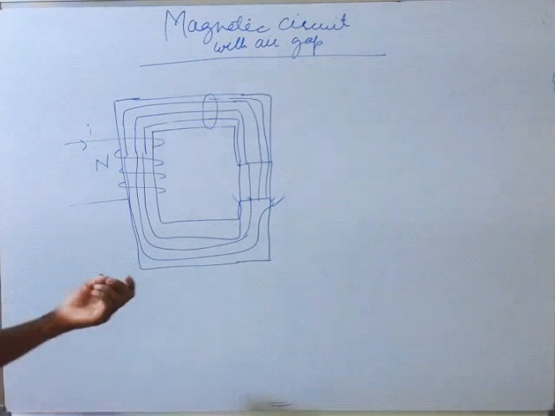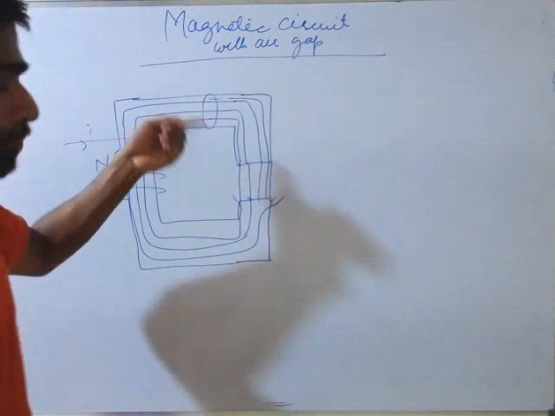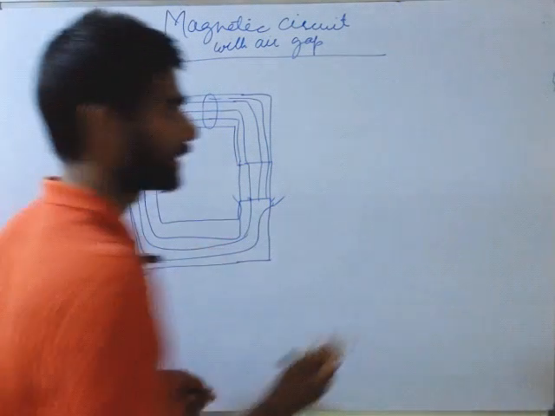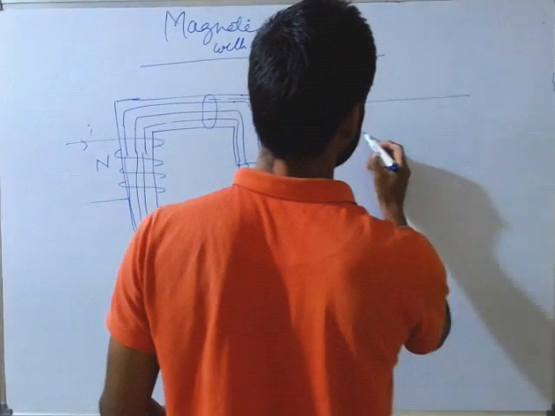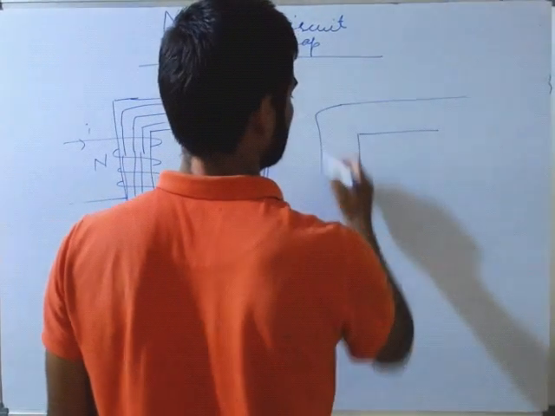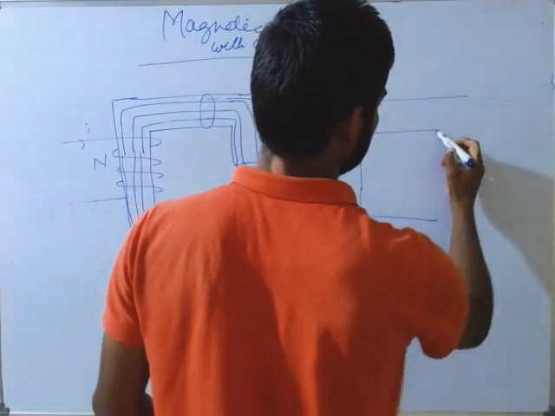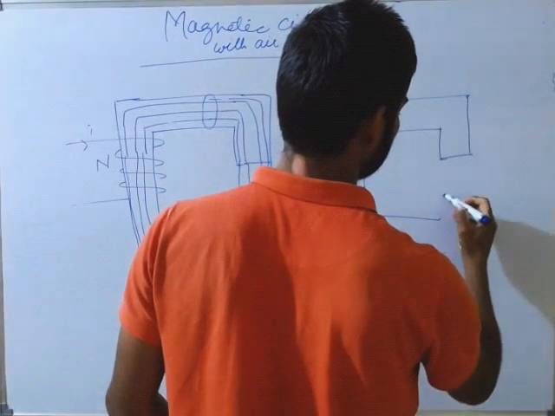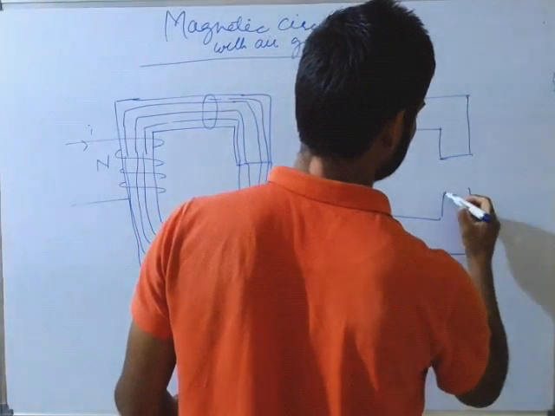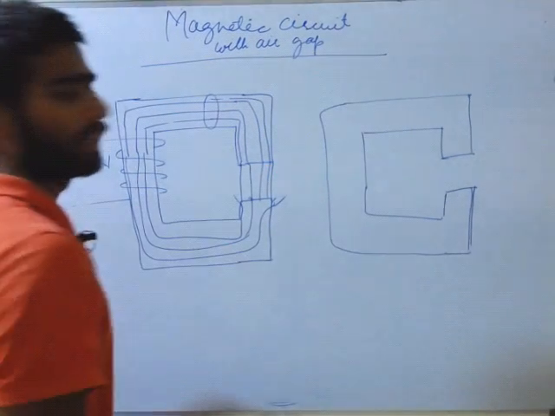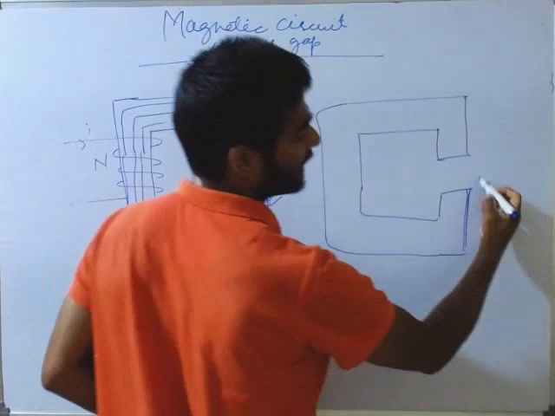Let us draw. Let me draw this core once again for a clear view. Let the air gap length be Lg.